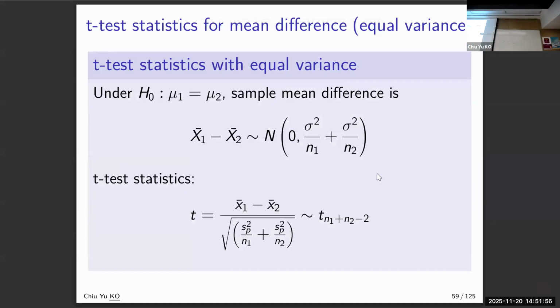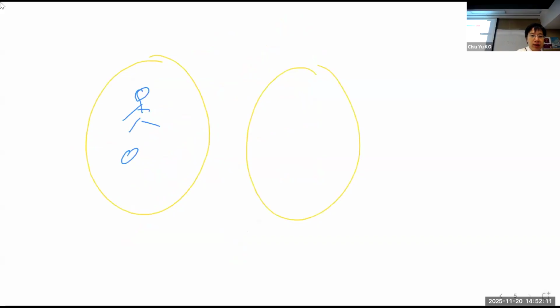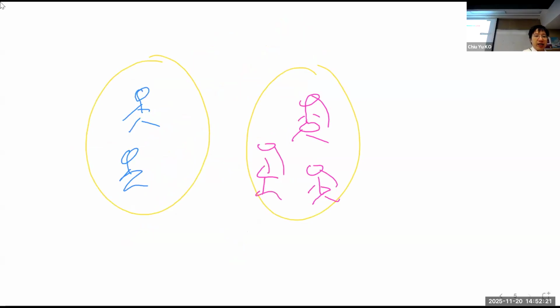So if I try to draw a picture, it is the following. I know there are two populations, maybe a bunch of men here and a bunch of women here. I want to see their willingness to pay for the product.